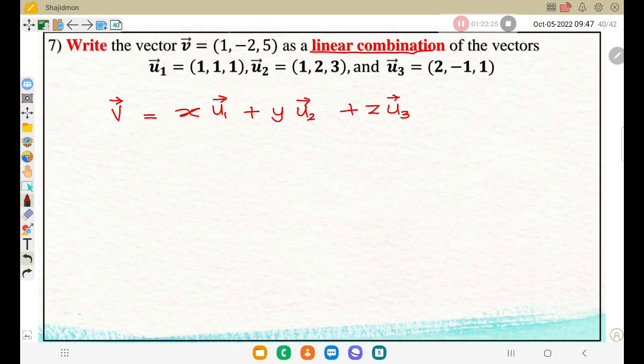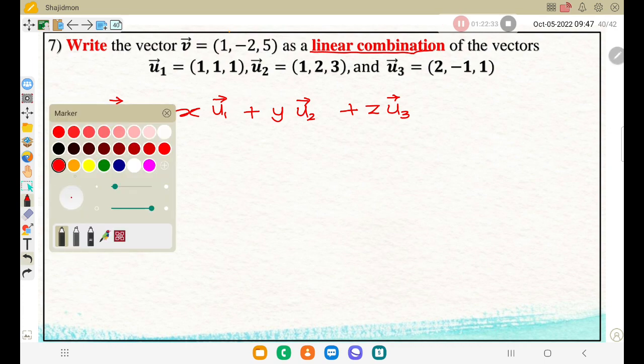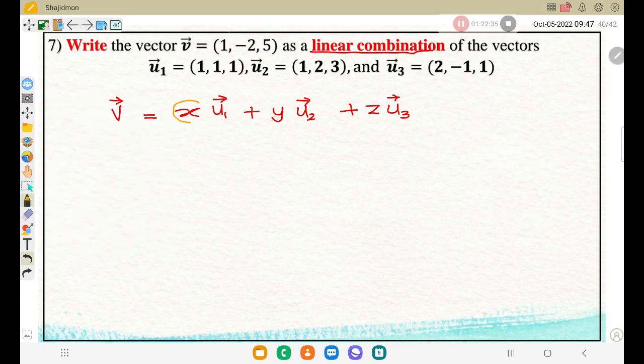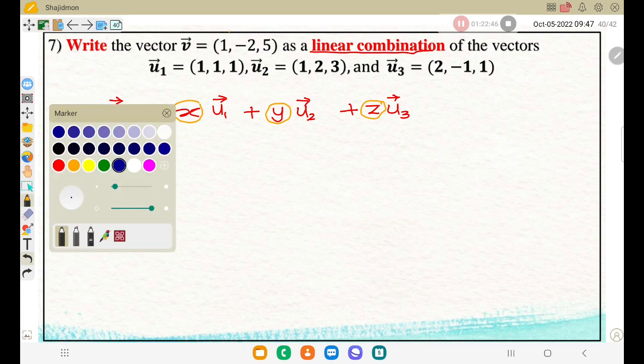This is the linear combination of the vectors u1, u2, u3. Now here our aim is to calculate what is x, what is y, what is z. If we get these 3 numbers, the linear combination exists. We can write the linear combination. Otherwise there is no linear combination. So we can check this one.